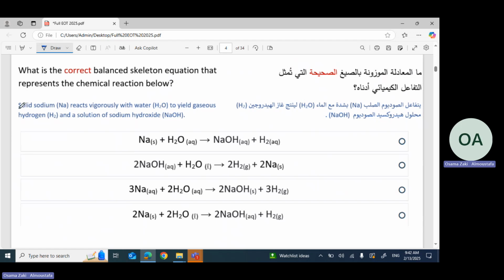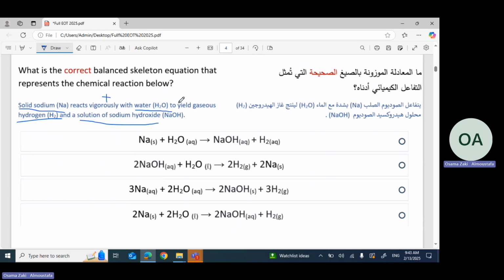So as we see here, they said solid sodium, Na, okay, reacts vigorously with water, which is liquid, okay, that yields gas hydrogen H2 and solution of sodium hydroxide. So that means that the reactants are Na and water.